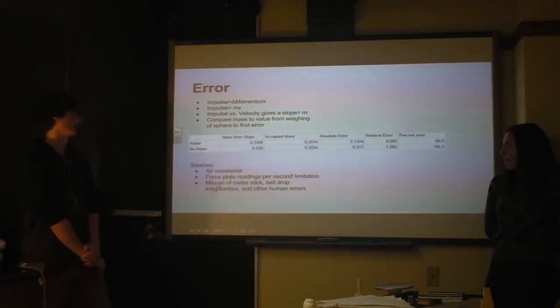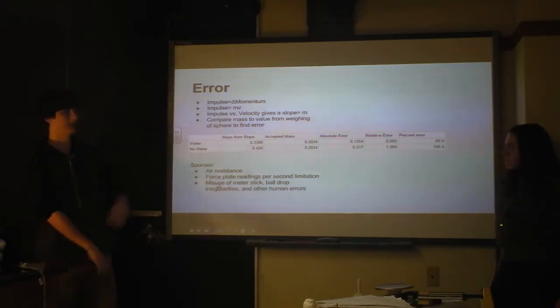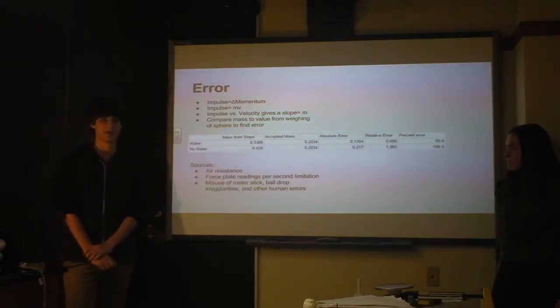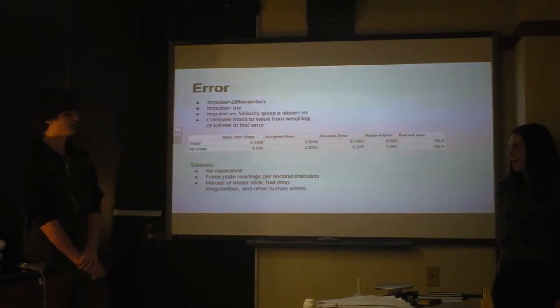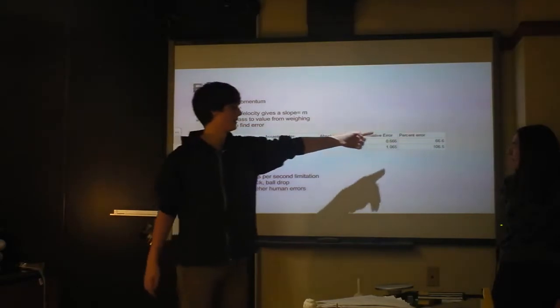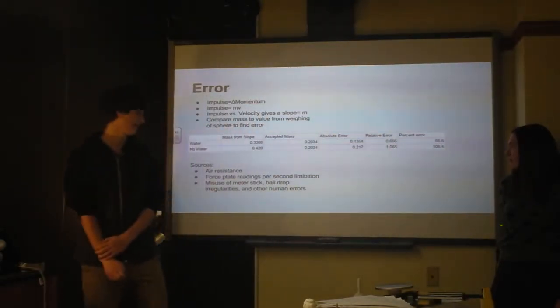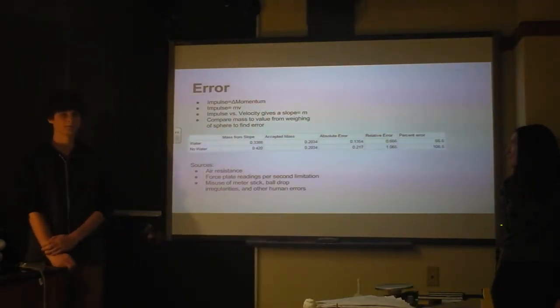And so here was that error. Like I said before, impulse is change in momentum, so in the graph of impulse versus velocity, the slope would be equal to mass. Here's the percent error. There was a lot more error without water.